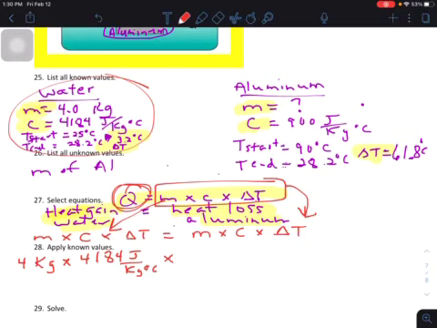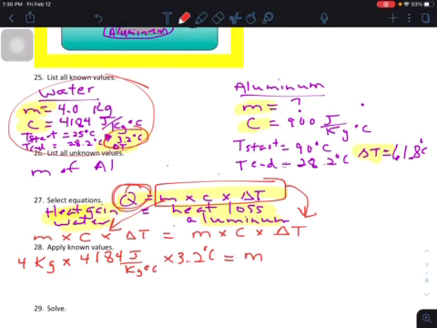Remember, it started out at 25 degrees. You put the metal in, the temperature went up to 28.2. So we subtracted those two, and our change in temperature was 3.2 degrees Celsius. That's the heat gained by the water.